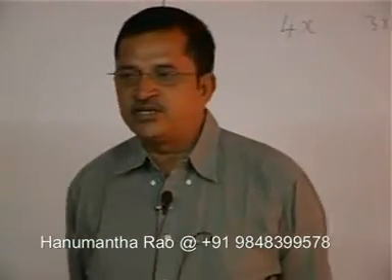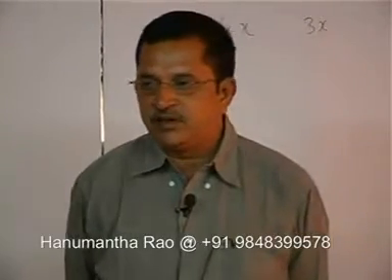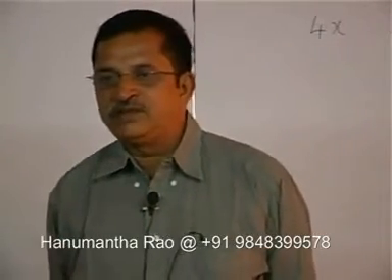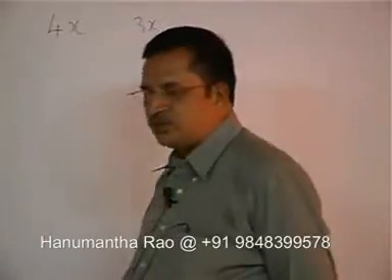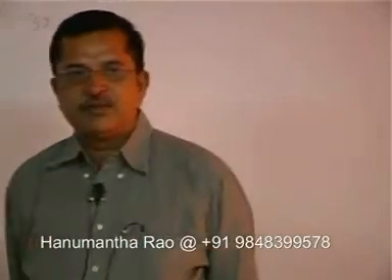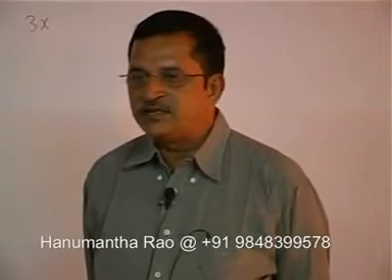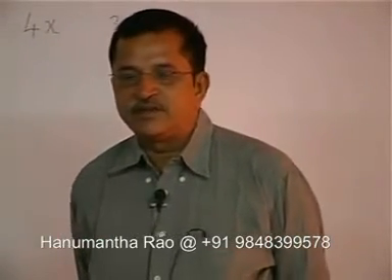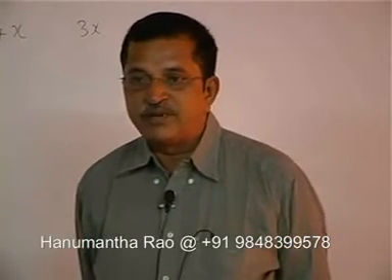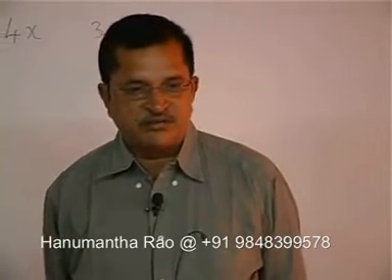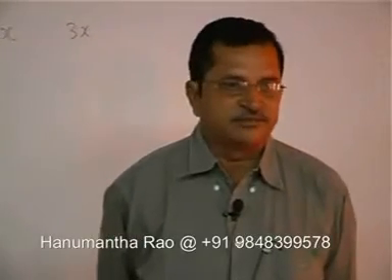If you join a variable with the ratio, you can take them as incomes. Income minus saving is expenditure. Income minus expenditure is saving. Expenditure plus saving is income. Whichever way we like, we can take it.